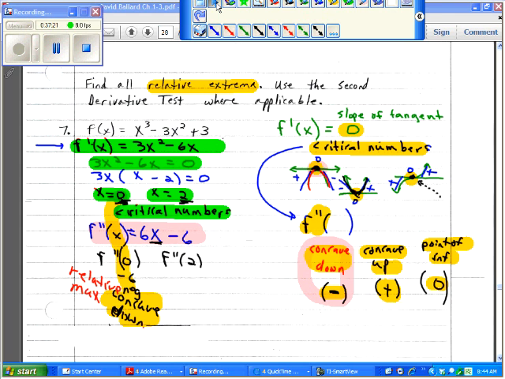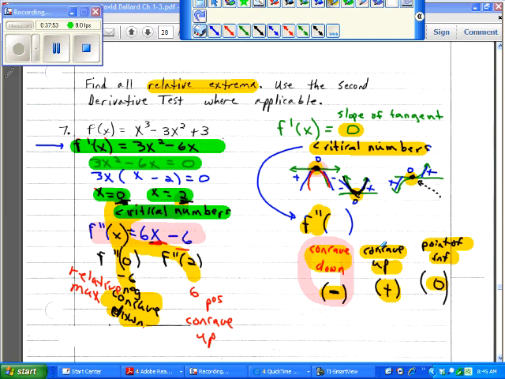Okay. Now, we're going to take this other critical number of 2 and plug it into the second derivative. So when we plug in a 2, we would have 6 times 2 is 12, and 12 minus 6 is 6, which is positive, which means that it is concave up.